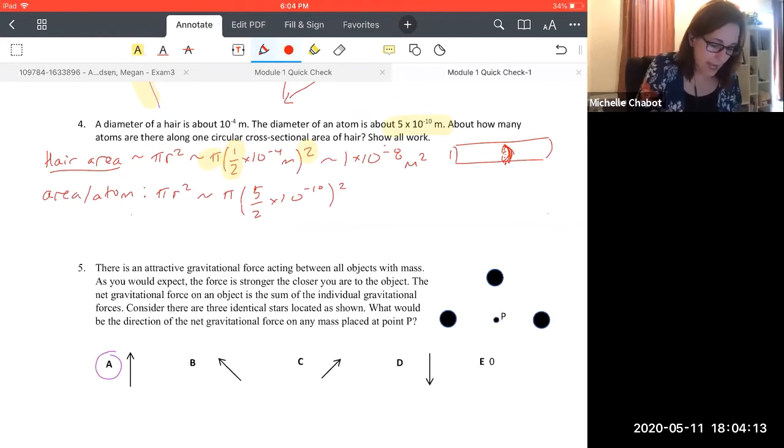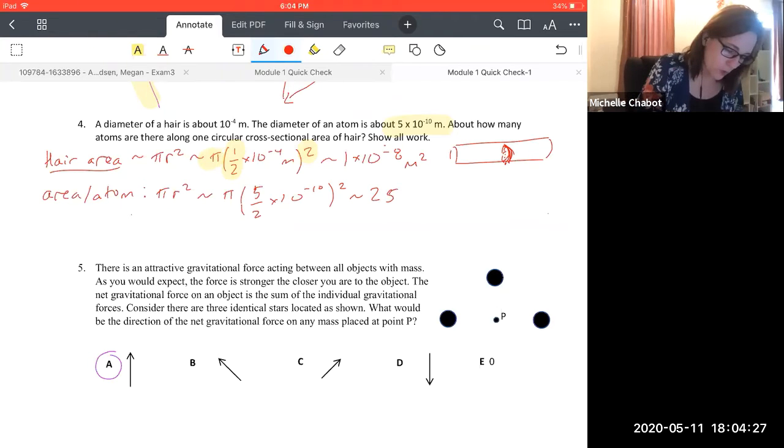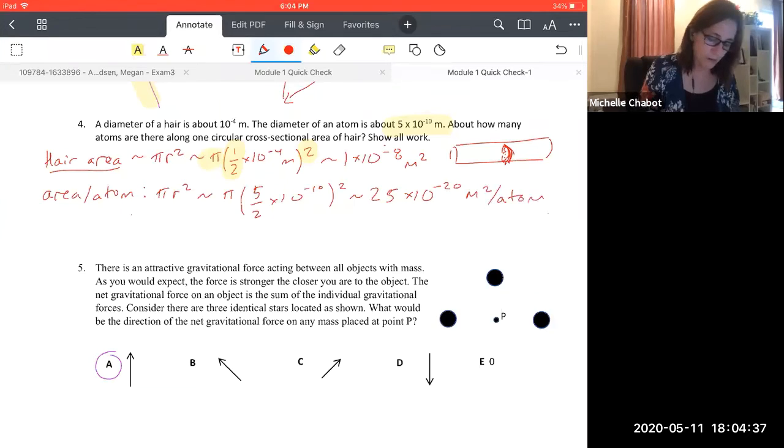And again, pi over 4 is around 1, and 5 squared I'm going to just say is around 25. So this is why you might have a slightly different answer than 4 times 10 to the minus 10th, but it should all work out to be about the same. So 25 times 10 to the minus 10th squared, so 10 to the minus 20th. And that would be how many meters squared there are per atom.